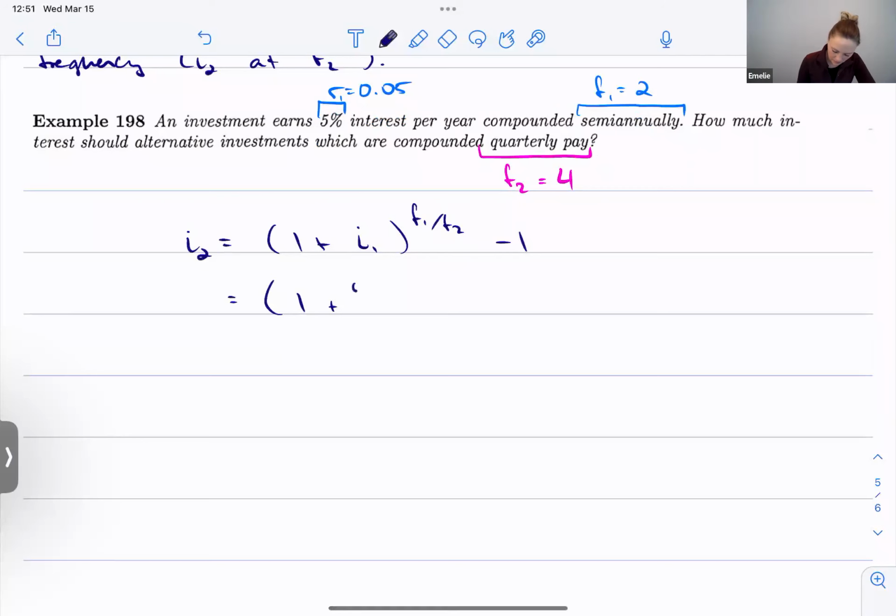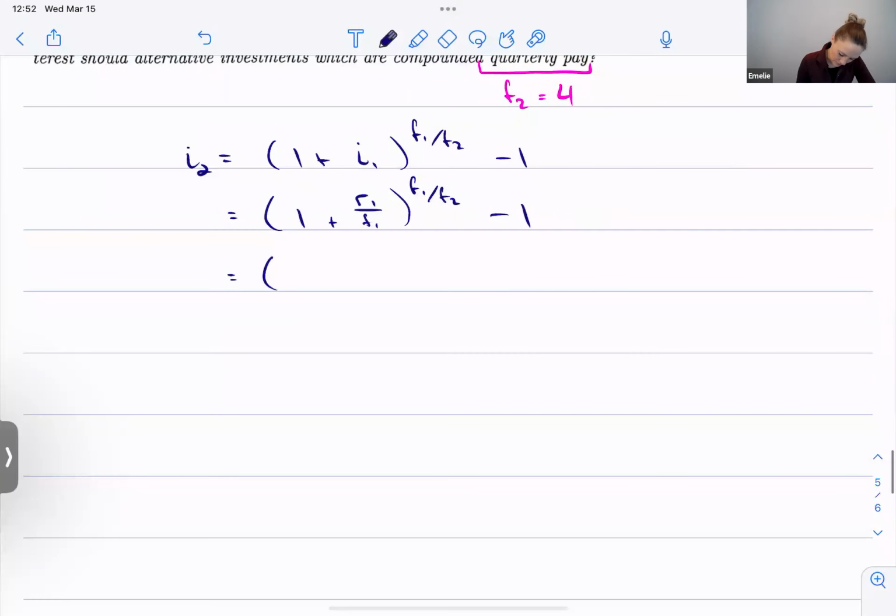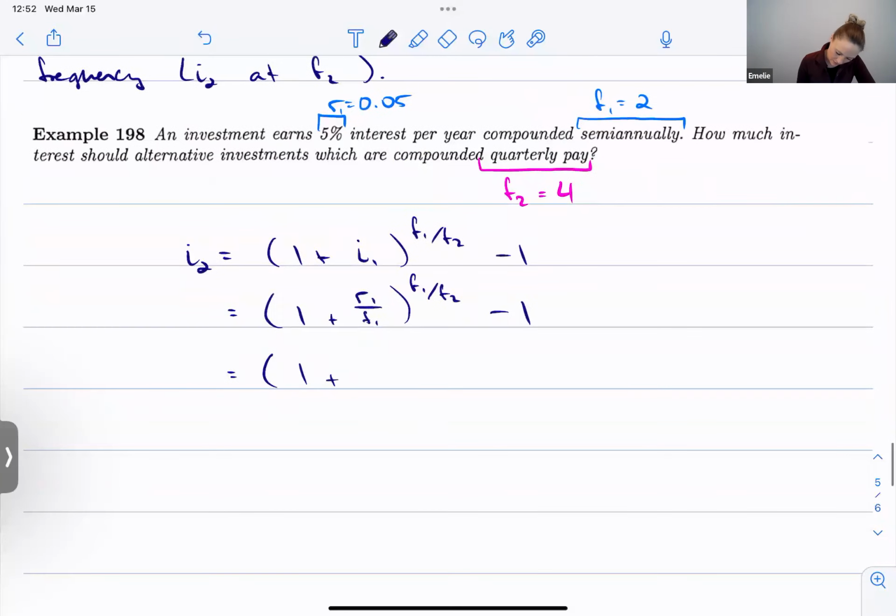So 1 plus 0.05 divided by 2, and I always think of it as going from F1 to F2, so twice per year over 4 times per year, minus 1.